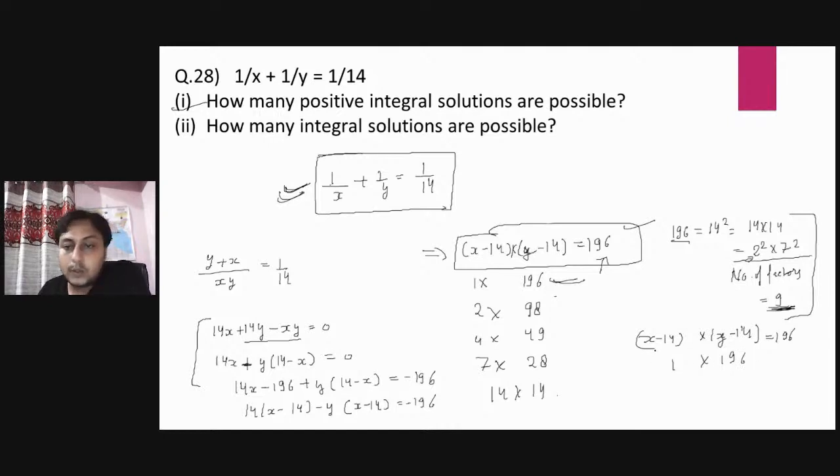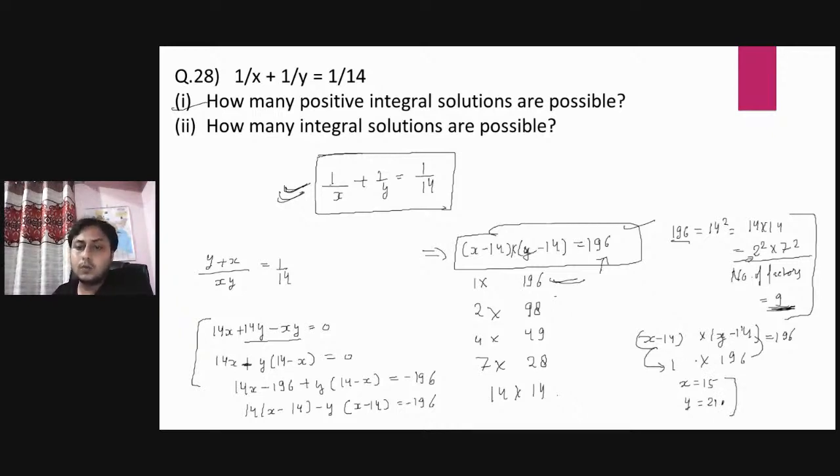So when you compare these two, x minus 14 equals to 1, you will get x is 15. And when you compare these two, y minus 14 is equal to 196. Y comes out to be 196 plus 14, that should be 210, right? So this is one of the integral solutions.